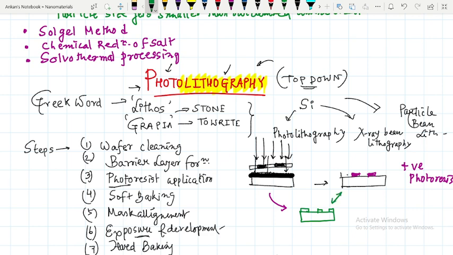So for whichever design we want, we can employ positive or negative photoresist. This is the property of negative photoresist, which remains intact after the end of the reaction and does not become soluble. So depending upon this property, we classify positive and negative photoresist, and this is the principle of photolithography.